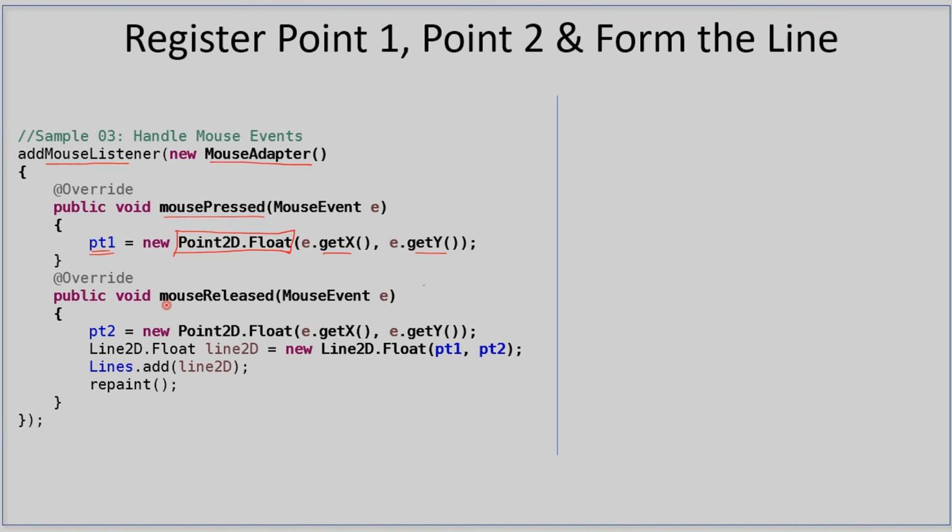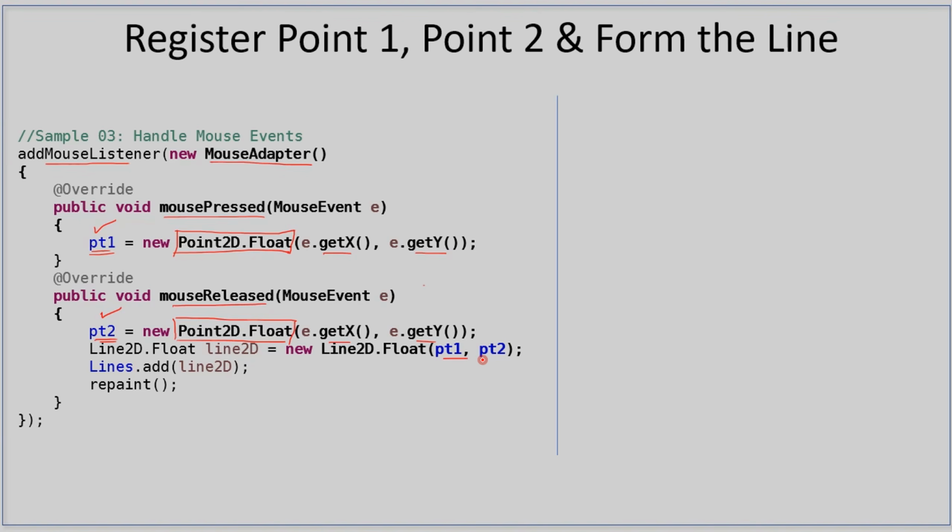Then during the mouse released, once again we use the mouse event, we get the X and Y coordinate. Using that, we construct one more point and we store that inside PT2. So now we have PT1, we have PT2.